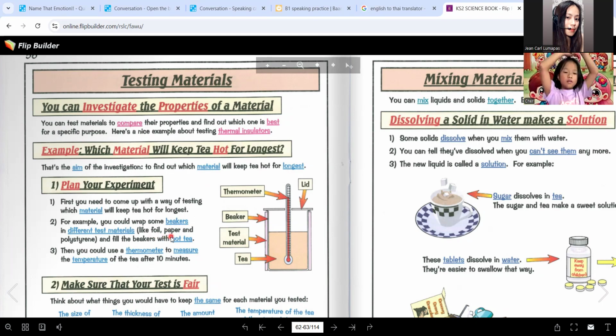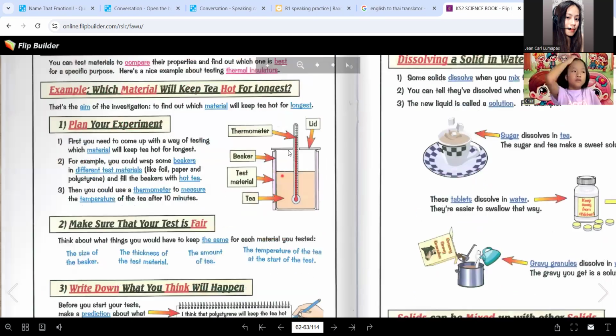Very good. Okay. So look at this. What is this? This is the thermometer. The red line. And this is tea. Inside is tea.